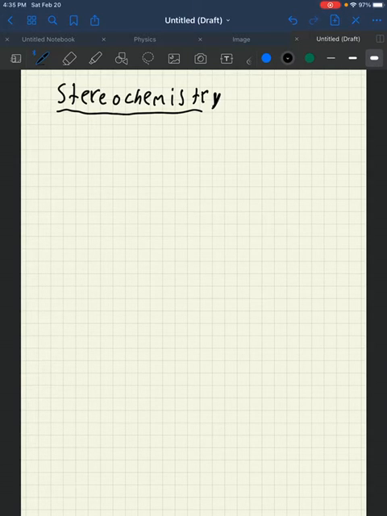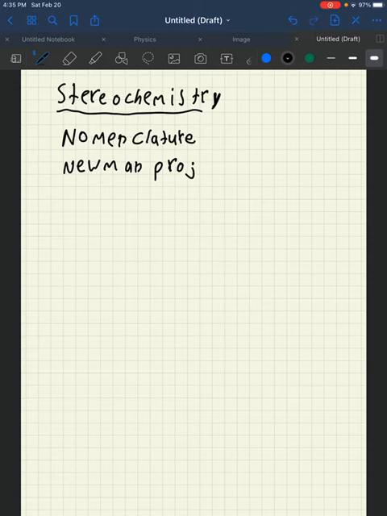So this is going to be utilizing a lot of nomenclature, Newman projections, and also you're going to have to understand just overall chemical formulas.